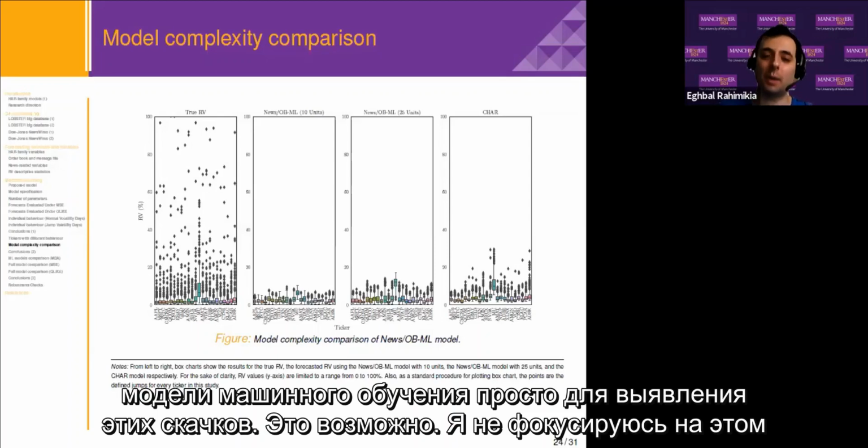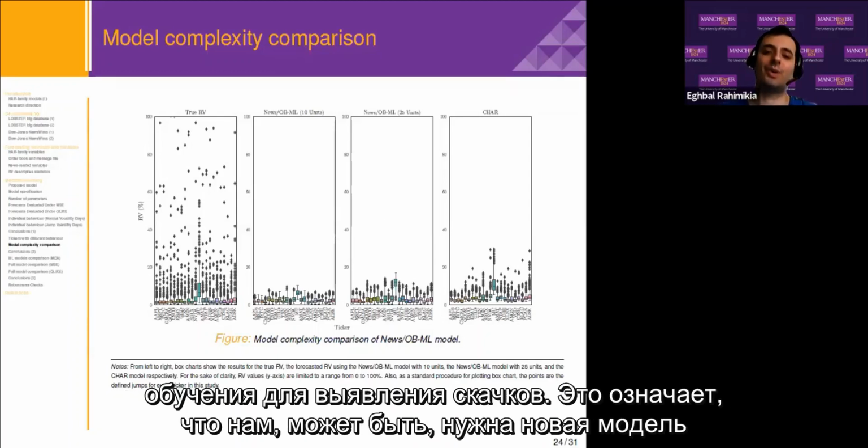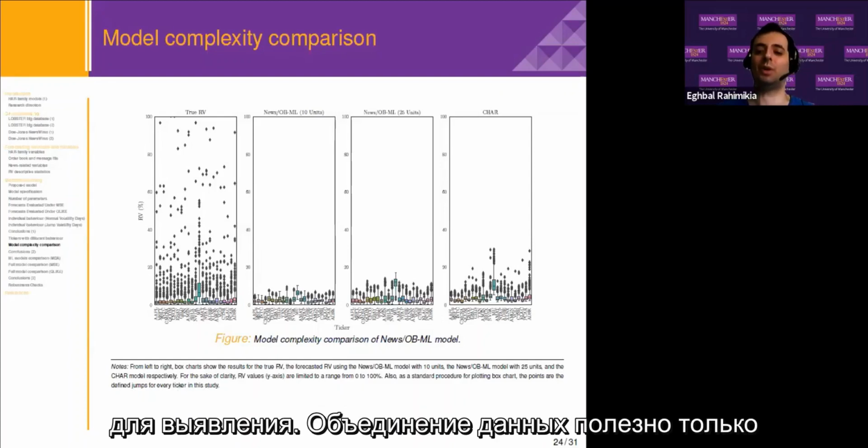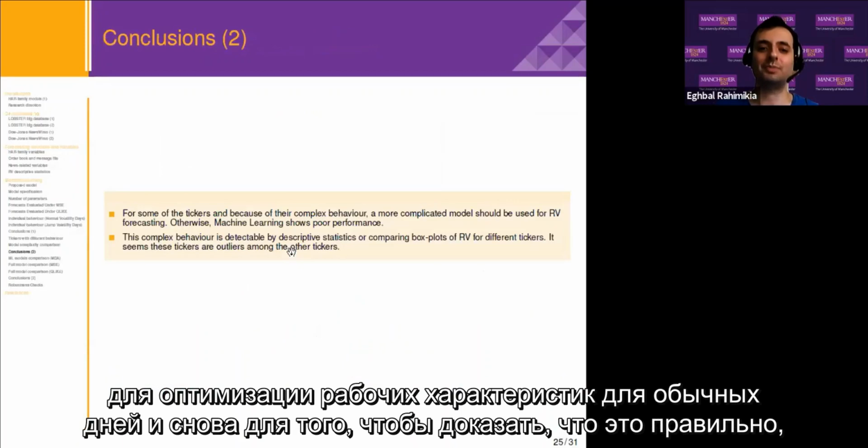I'm not focusing on that in this research, but maybe it works better. So we are not rejecting machine learning for detecting jumps. It means that maybe we need a new model for detecting jumps. Putting all data together is just good for improving the performance for normal days.